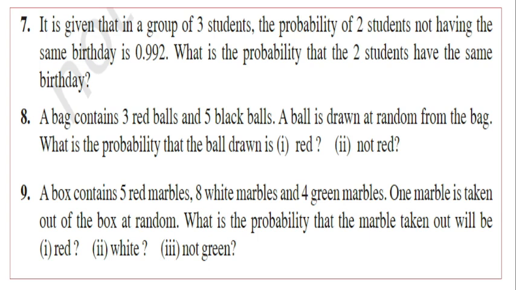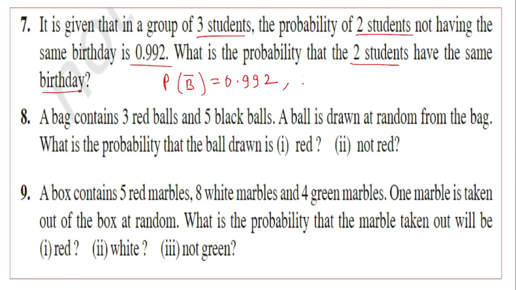It is given that in a group of 3 students, the probability of 2 students not having the same birthday is 0.992. Then what is the probability that the 2 students have the same birthday?